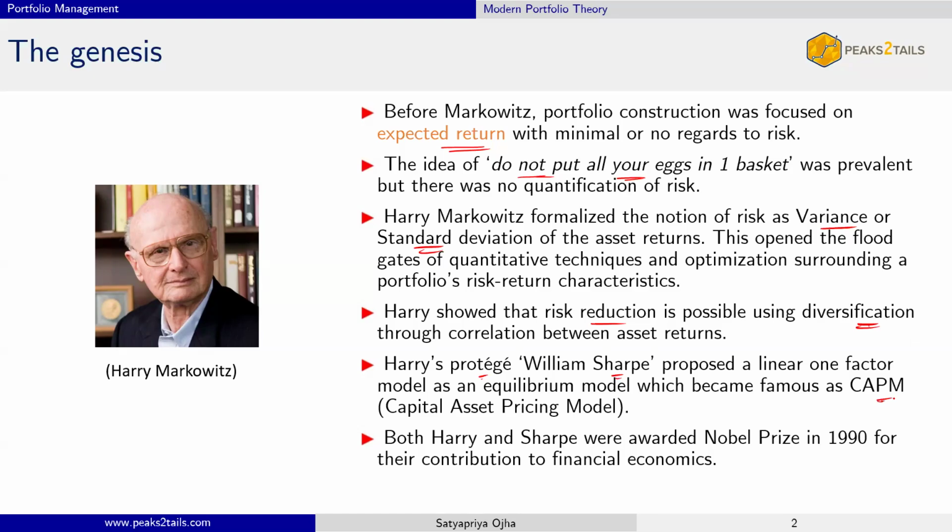It is an equilibrium model that gives a relationship between the asset return and the market return, market return being one single risk factor that is responsible for how the asset returns behave. Both of them got the Nobel Prize in 1990, much later. So that's the background of portfolio theory. This is where everything actually started.